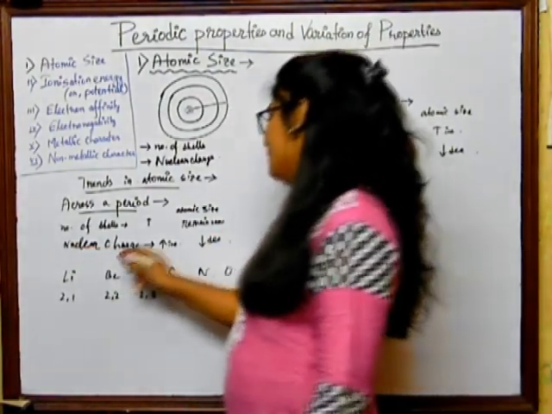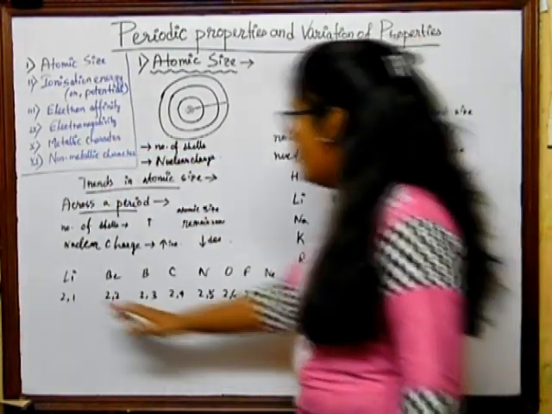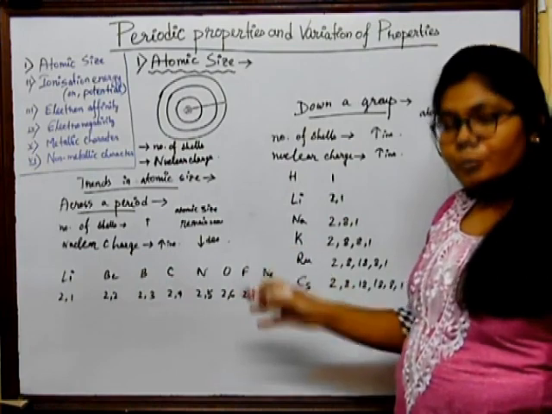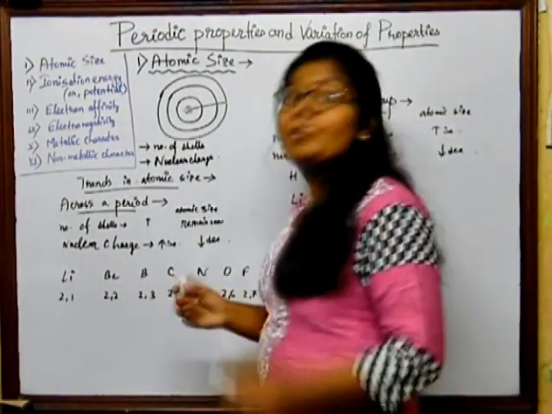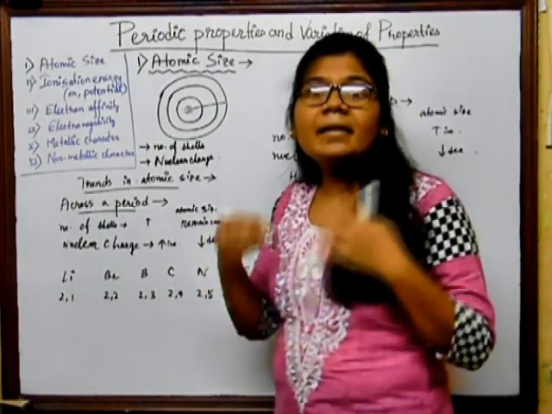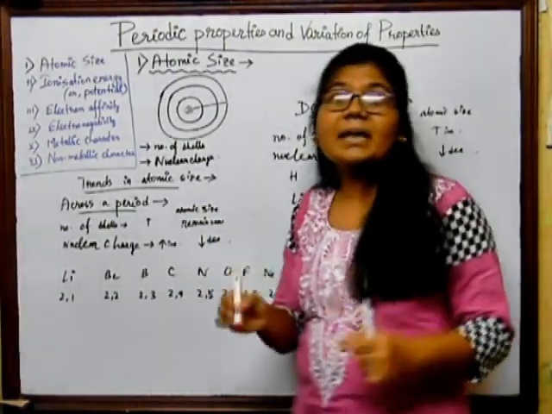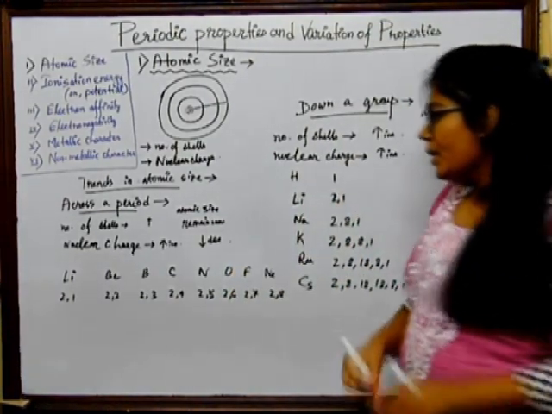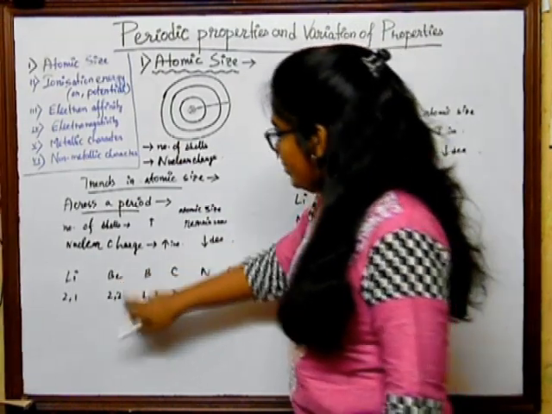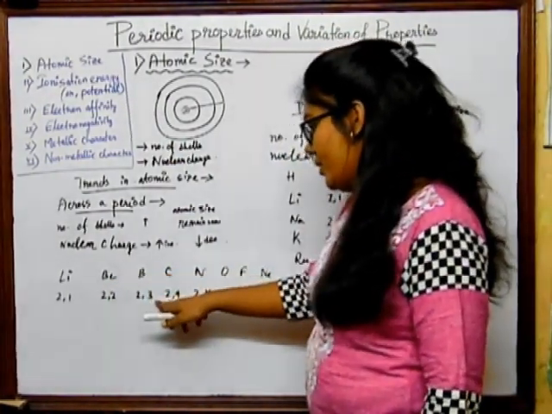Next, nuclear charge. Across a period, the number of electrons is increasing and the number of protons will also increase. So nuclear charge will increase. If nuclear charge increases, then what will happen to atomic size? The atomic size will decrease. In the case of beryllium, there are 2 electrons in the outermost shell. In boron, there are 3.